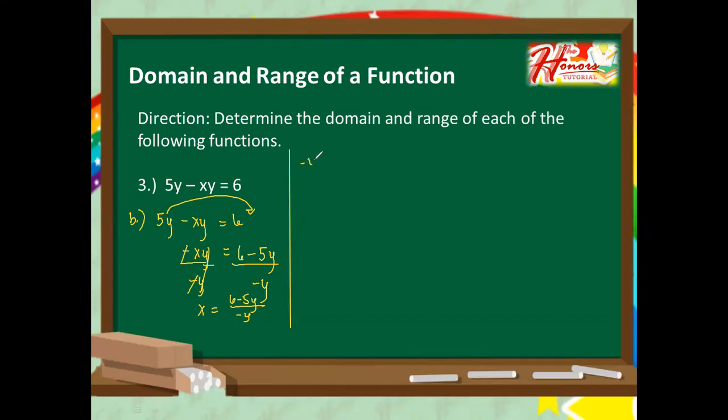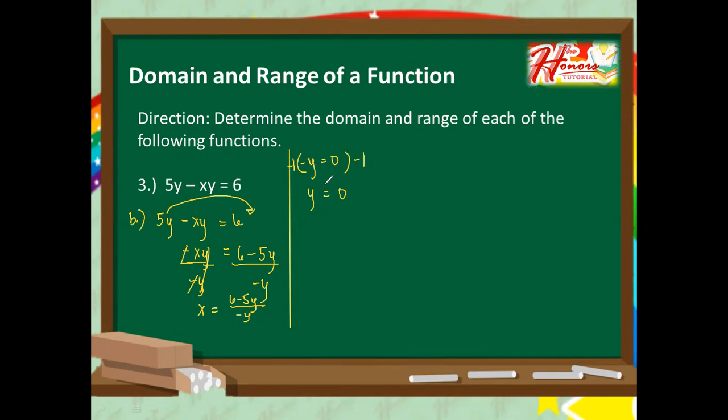So we have here negative y equals 0. Kindly multiply both sides by negative 1 to make negative y a positive number or a positive variable. So we have here y equals 0, because any number that you multiply to 0 is equal to 0. 0 times negative 1 is 0.